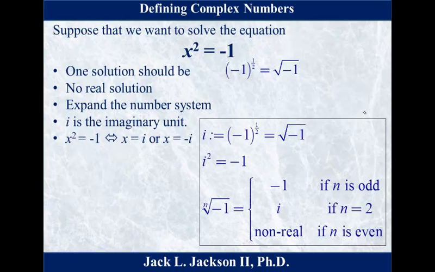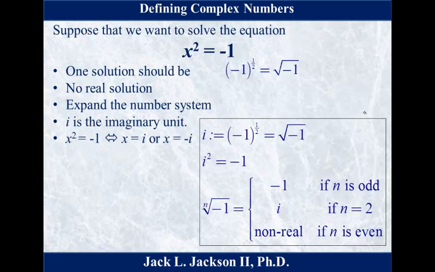So this shows up when you're taking roots of a negative. It turns out if you take the nth root of -1, if n is an odd number, that always turns out to be -1. If n is an even number, that turns out to be something that's not real. It's a complex number, but it's not real. Specifically, if n is 2, the square root of -1 is i.